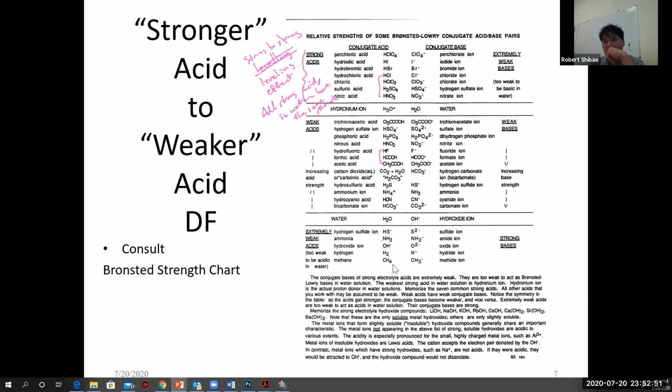If we have an extremely weak acid like methane, methane's so weak, most people don't even consider it an acid. Same thing with hydrogen. These are exceptionally weak. But if you had a super base, it could pluck a hydrogen off there and lead to methide. Methide is the strongest base on the chart. Methide really wants an H+. It'll take it from anything.